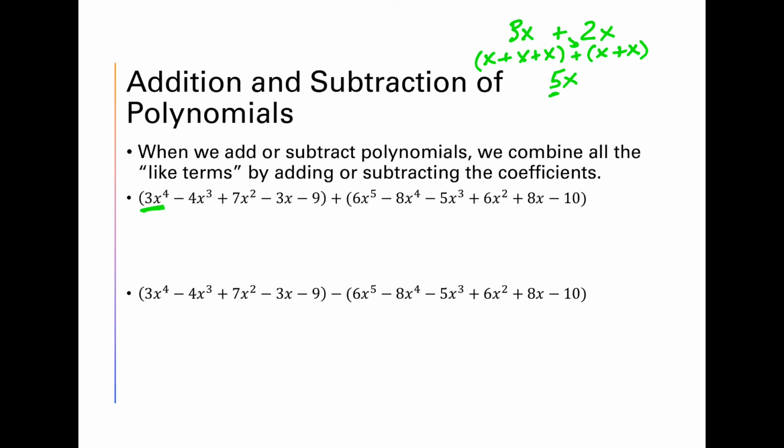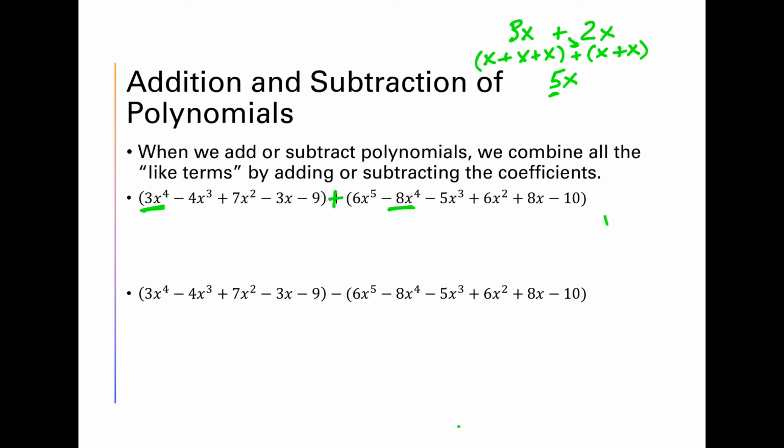As you're doing this, think of the operation in front of each term as being the sign of that coefficient. So I have 3x to the 4th and negative 8x to the 4th. Once you have a plus in between 2 parentheses, we can ignore the parentheses, because it's just one long string of things.